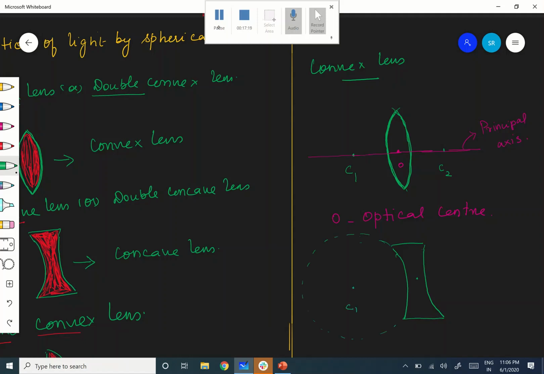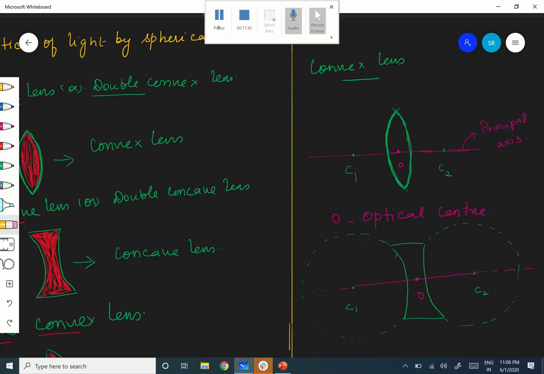This is C1, and this is also a part of a sphere. It has some center. That is what is called C2. And the center of the lens is what is called O. The line joining all the three is what is called the principal axis.